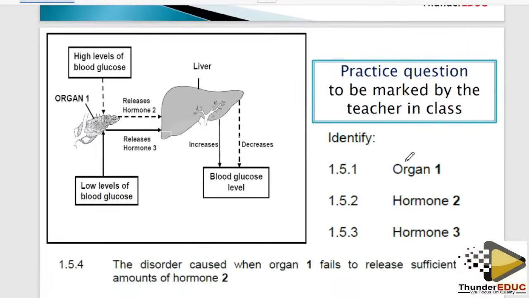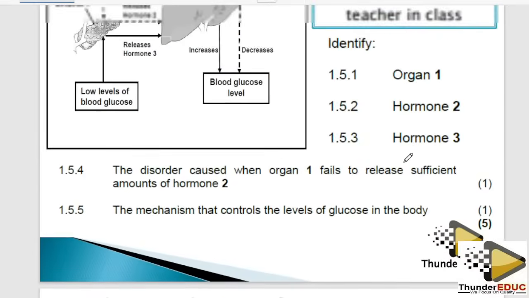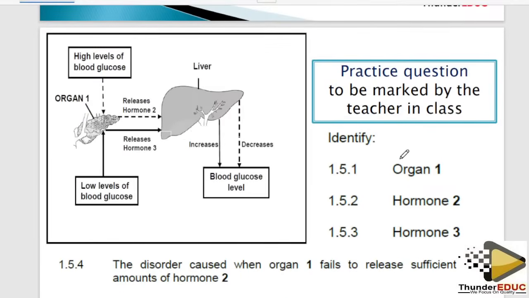Here is a question, and the question is asking you to give us some of the answers which are here. Can I give you a few seconds to do the questions?